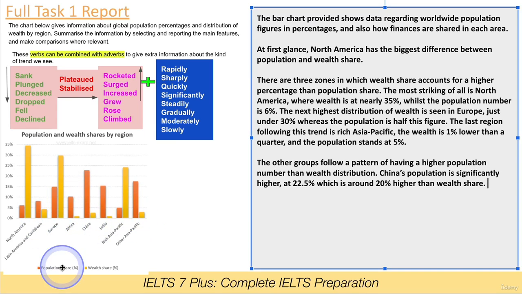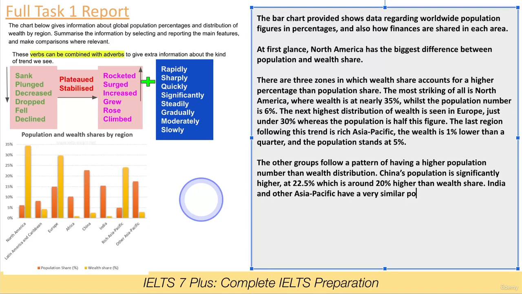We can't talk about all of them, but maybe we could group together, actually, in fact, India and other Asia Pacific because they have a very similar population and a very similar wealth share. India and other Asia Pacific have a very similar share of people.